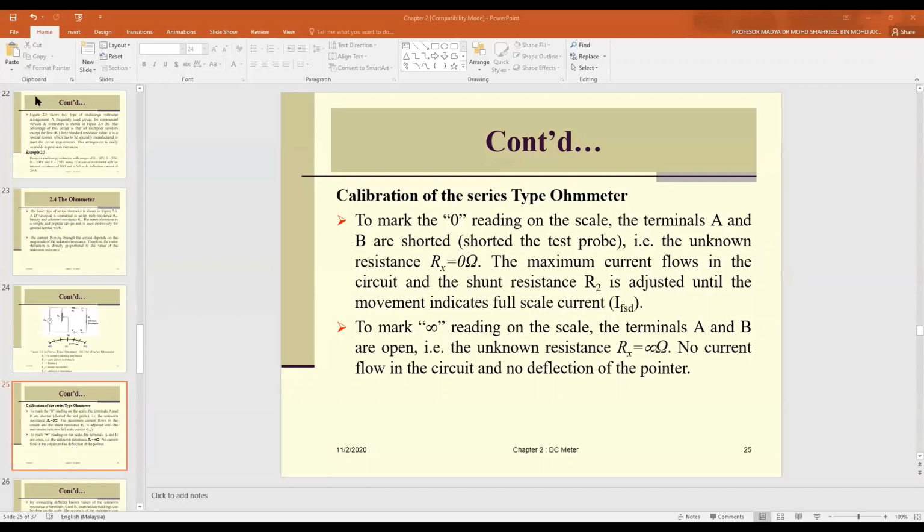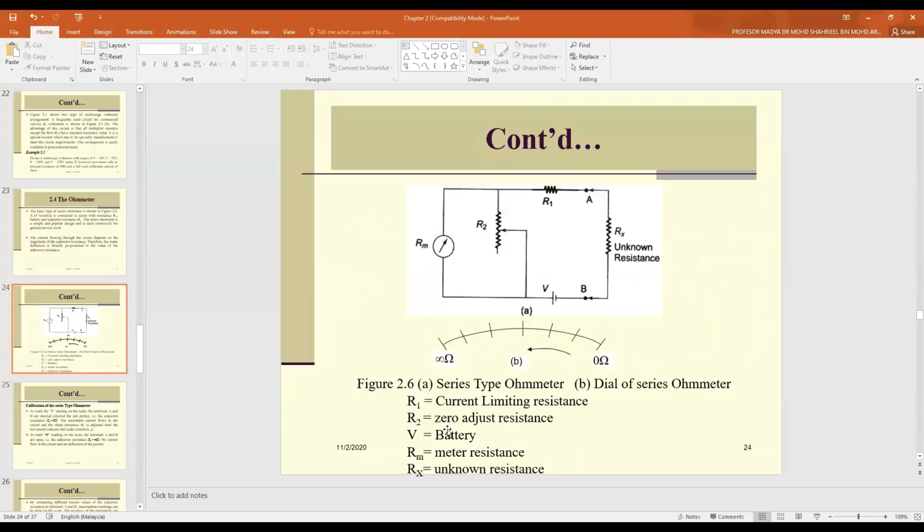I forgot where I put the video to show how to calibrate the ohmmeter, so this one will be skipped first.